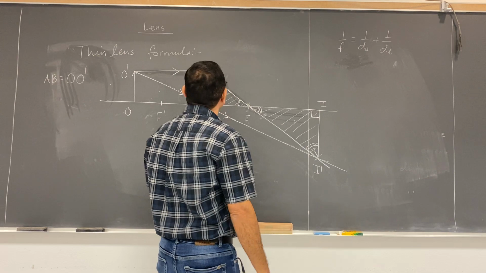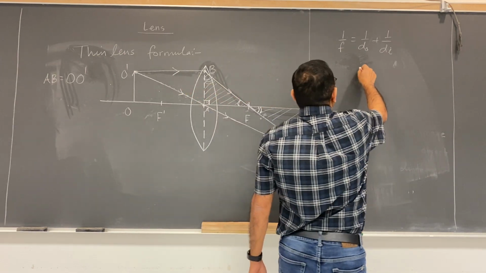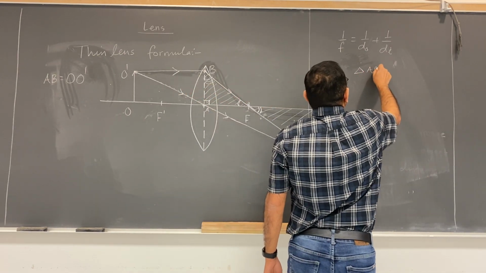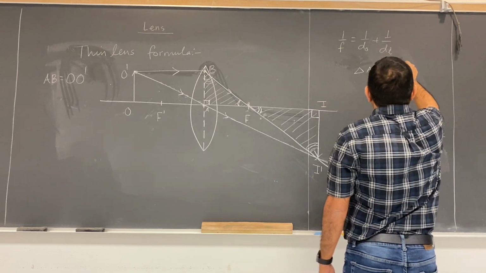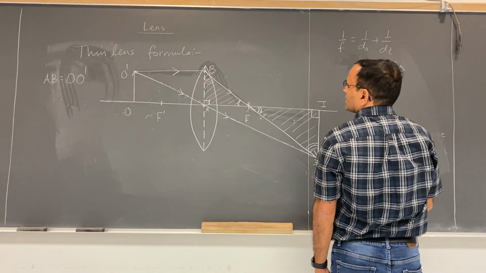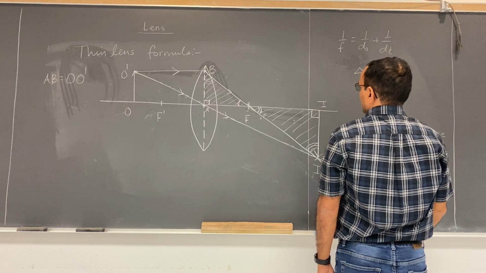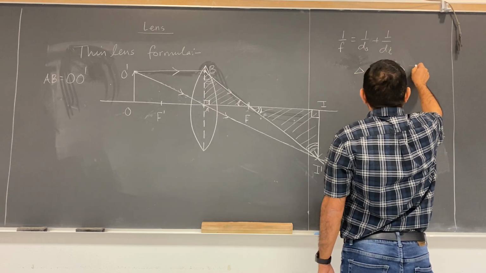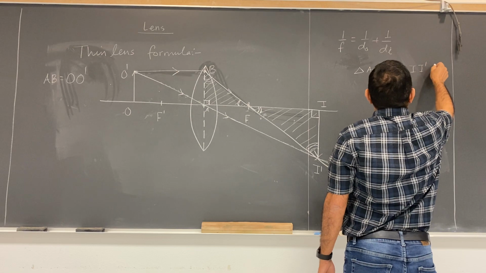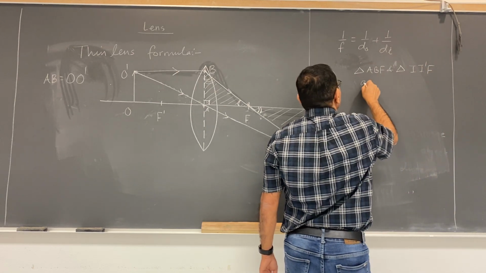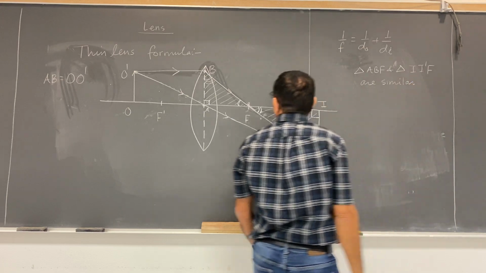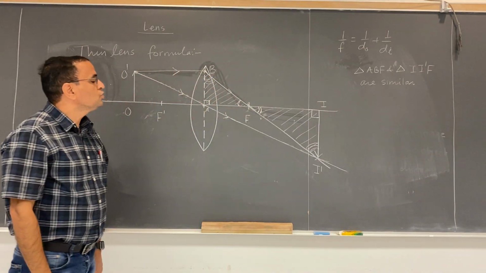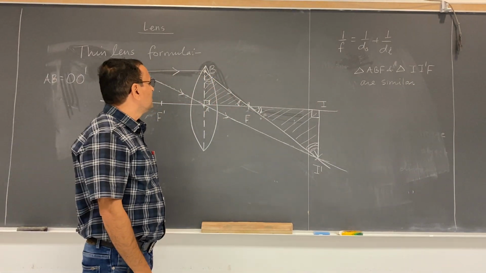So triangle ABF and triangle I prime F, they are similar. This triangle, you see the highlighted triangle, those two triangles, they are similar.